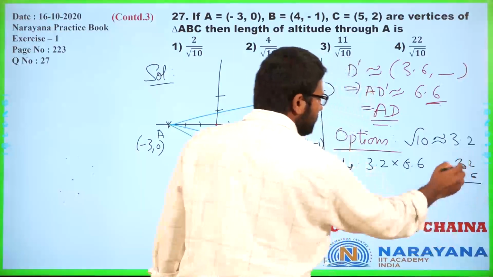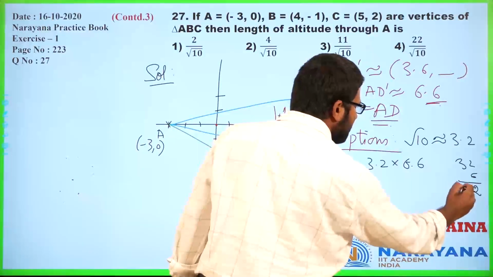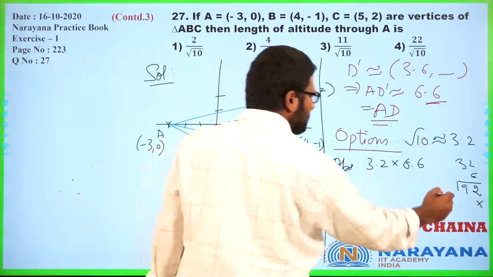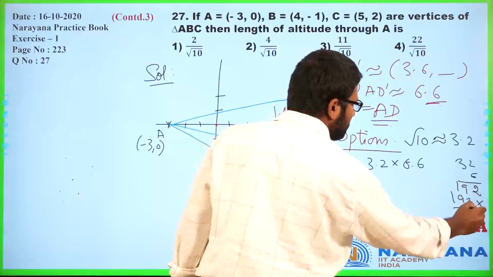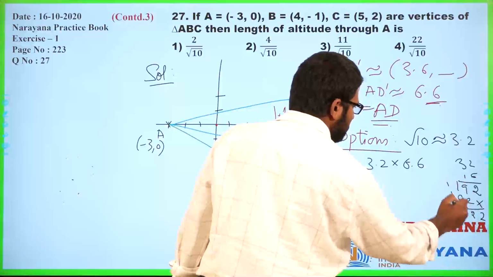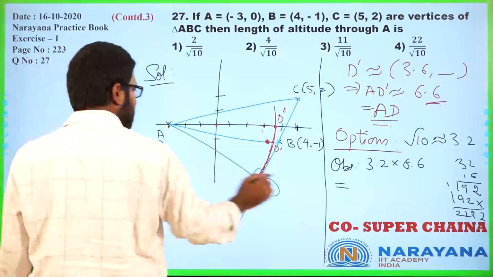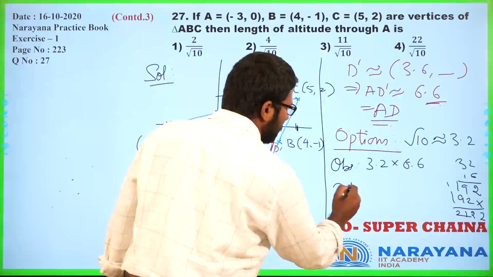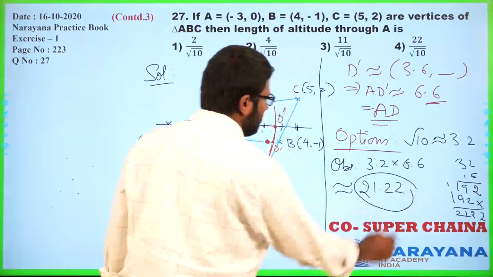How much will that be? 32 into 6, 12 carry 1, 18, 19 cross, right? And you want to multiply with 6.6, so 192. 2, 1, 2, 1, 21, right? So this will be approximately 21.22, right?